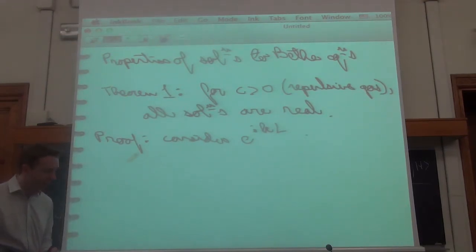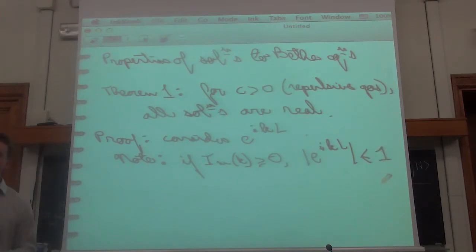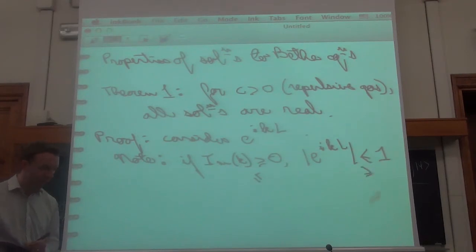So note that if the imaginary part of k is greater than or equal to 0, then this object here, e to the i k L, has to be less than or equal to 1. Okay, and conversely, the other way. Okay?